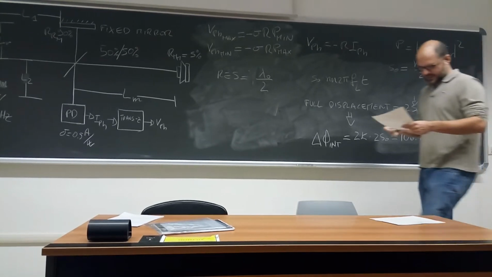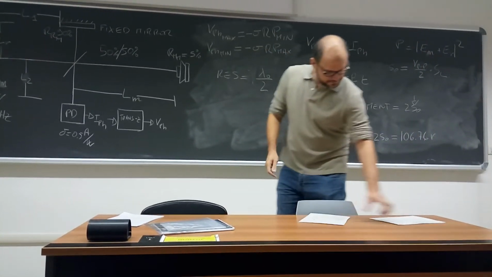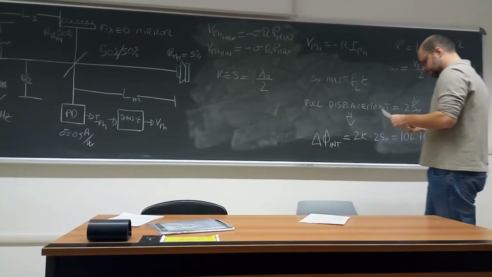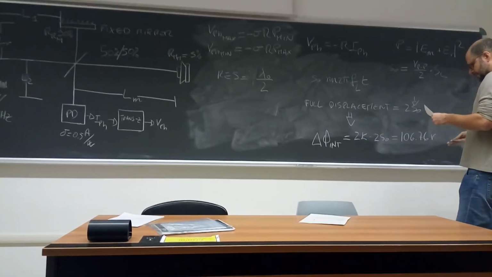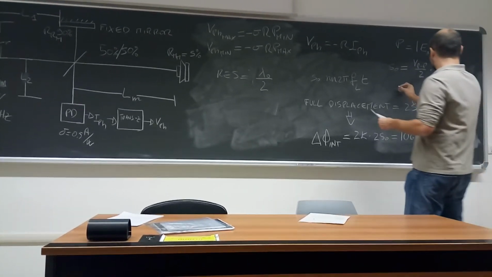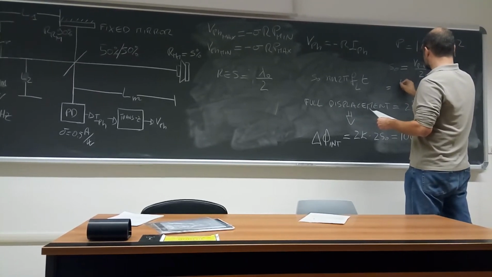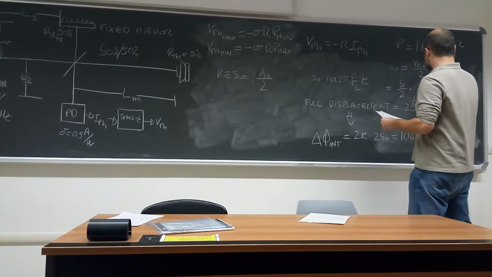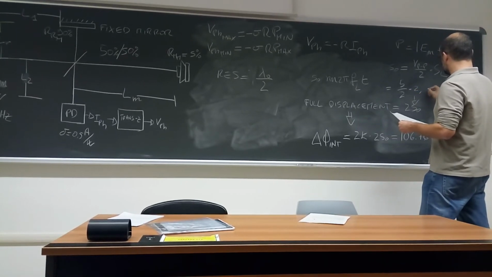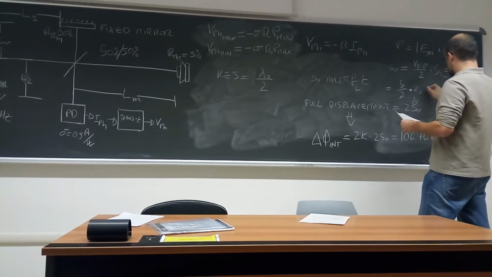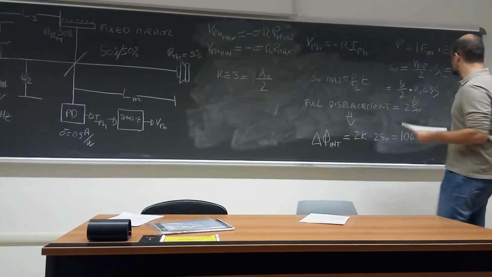So in particular, you get 5 divided by 2 multiplied by 2.635.